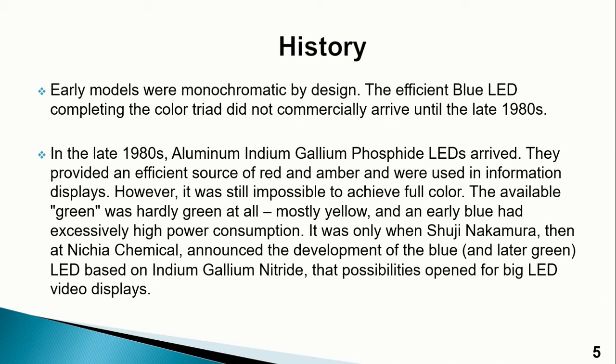It was only when Shuji Nakamura, then at Nichia Chemical, announced the development of the blue and later green LED based on indium gallium nitride that possibilities opened for big LED video displays.